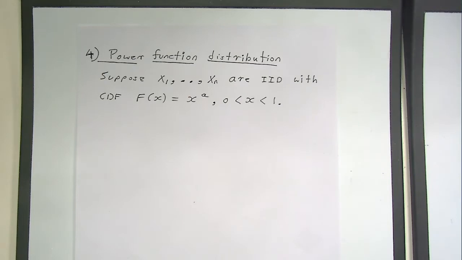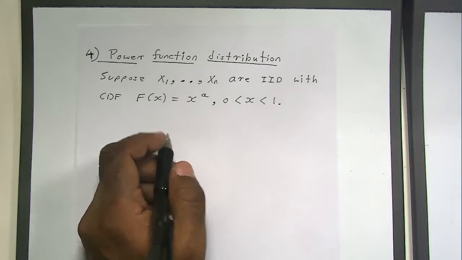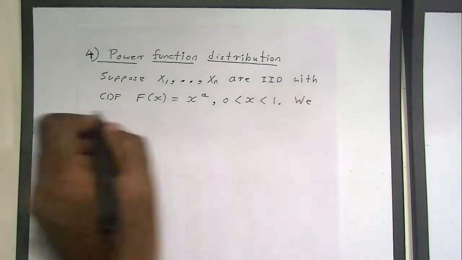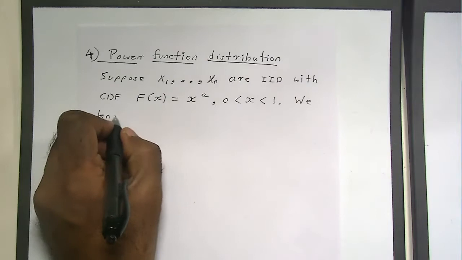Alright, this is known as the power function distribution, and if you may recall, do you guys remember the formula for VAR for this? In this case, we did this example a while ago. We know in this case the formula for VAR.